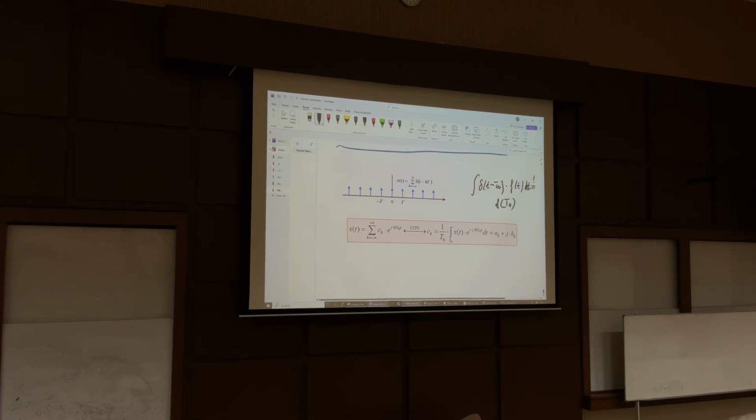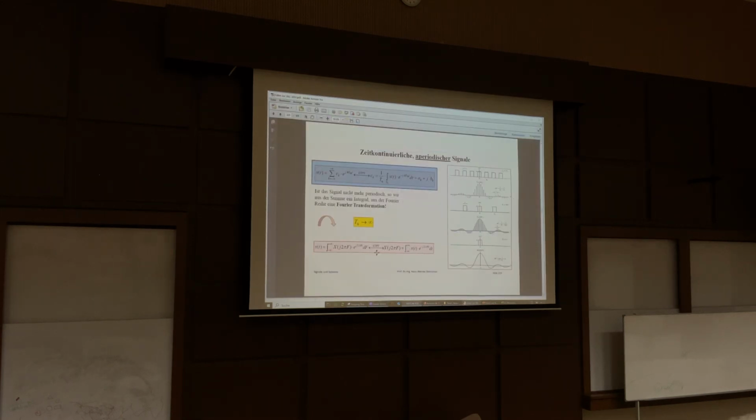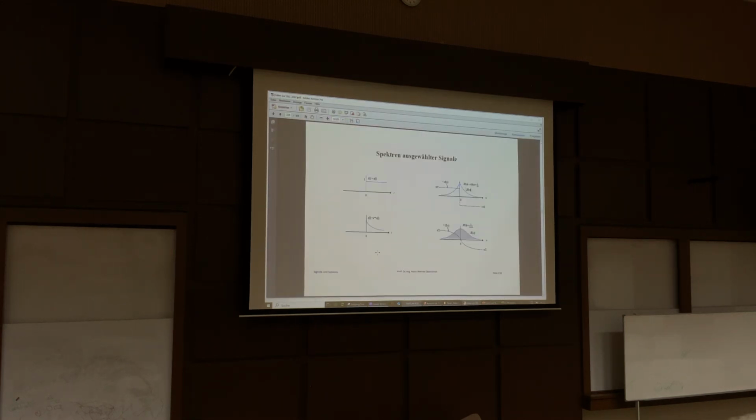Now, using this relationship, yeah, because this delta pulse just expels, draws the function only this single value out, because it has only here an existence, and we get, for that, we get here this relation.